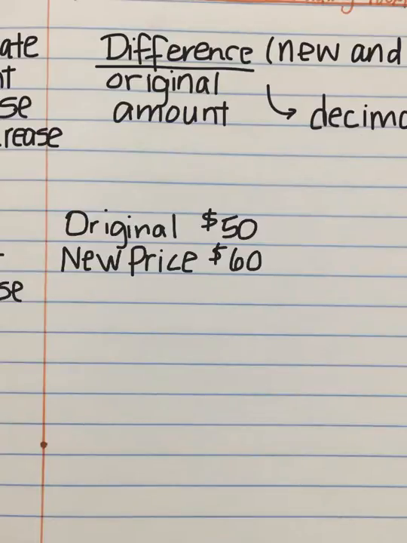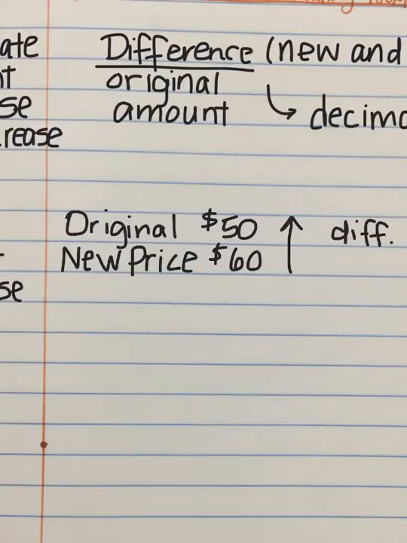It's an increase. When you look at the original and the new price is more, that means it is an increase. So I'm just going to add an arrow. This arrow is just visually to help me remember that at the end, I should be saying it's whatever percentage increase.